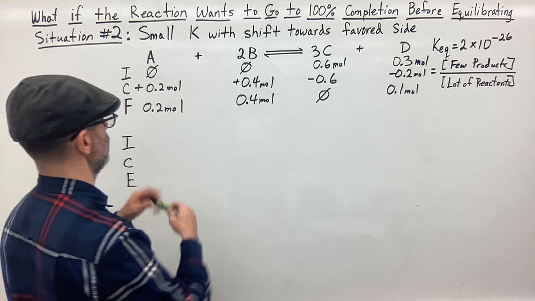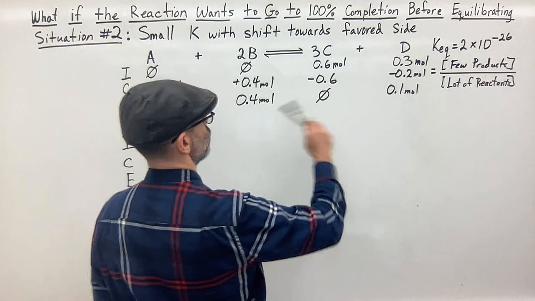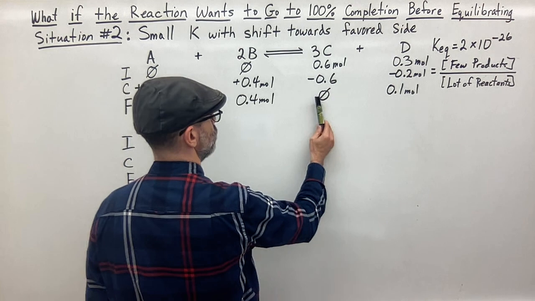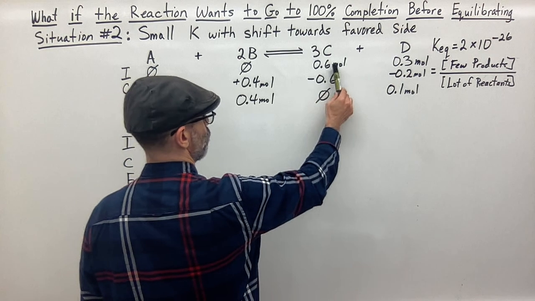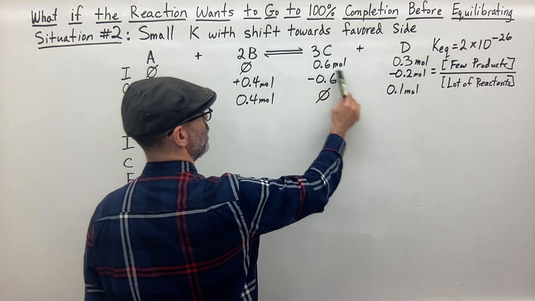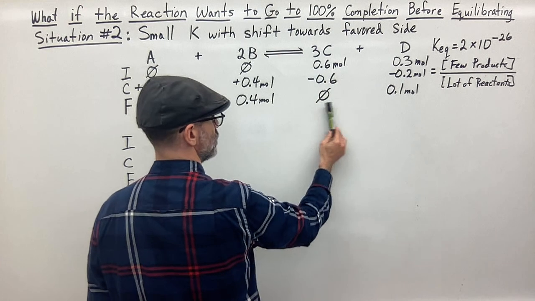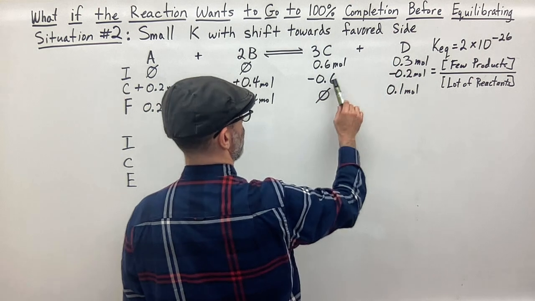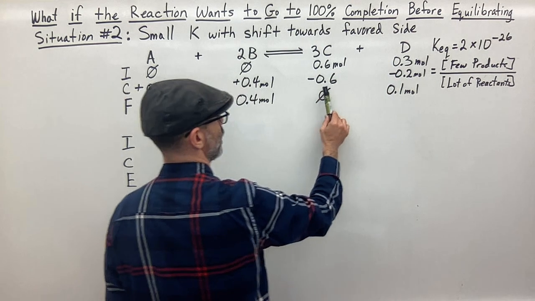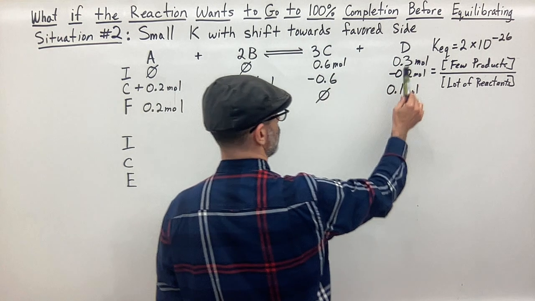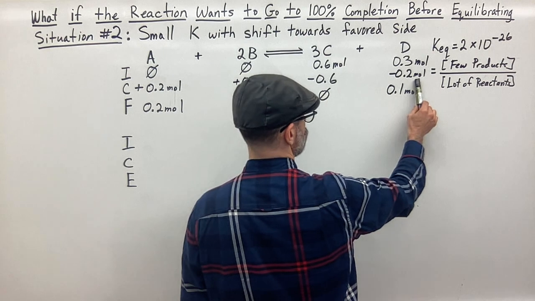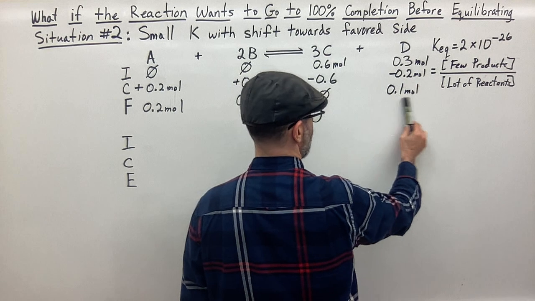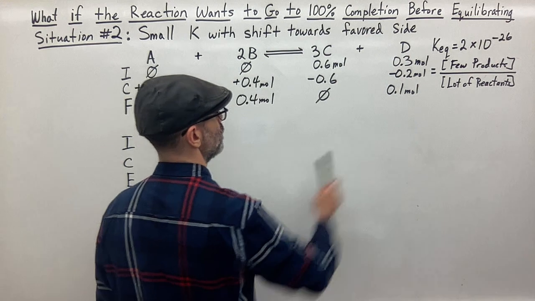So let me double check to make sure I didn't make any mistakes. So I lose 0.6 moles here, go to 0, right? Because I start with 0.6. This is my limiting reagent. I lose 0.6 to go to 0. So this is a 3-to-1. So if I lose 0.6 here, I lose 1/3 of that amount here, which is 0.2 moles. So I subtract 0.2 from 0.3, I get 0.1 moles.